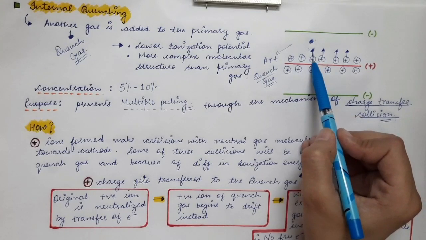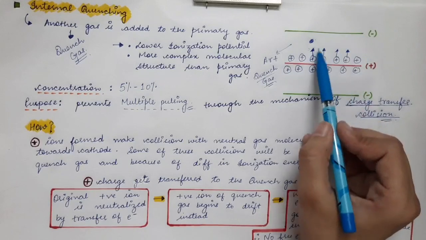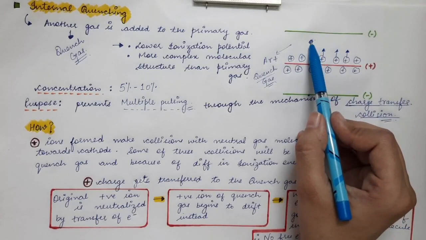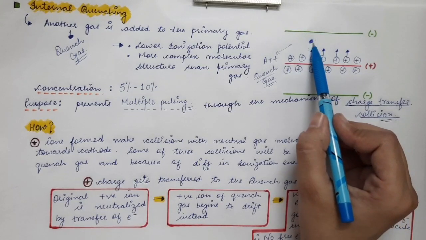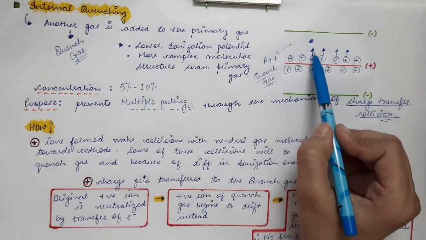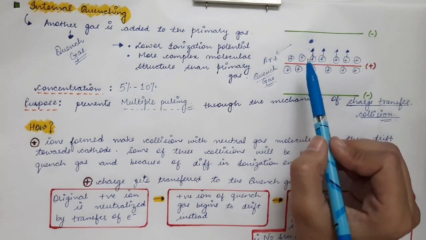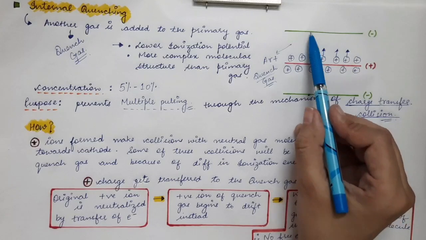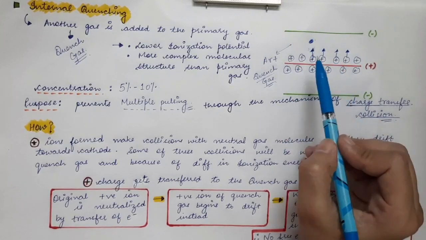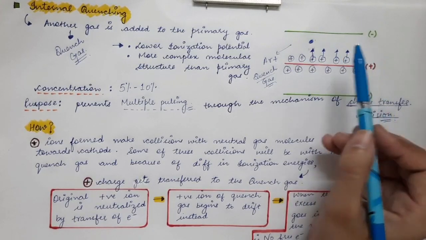So the quench gas now becomes positively charged, and the positive ion gets neutralized. This positive ion, which was moving with very high energy towards the cathode wall, collided with the quench gas molecule during its journey, transferred its charge, and became neutralized by taking the electron from the quench gas. You already know that in the electric field only charged particles get accelerated, and neutral particles do not.